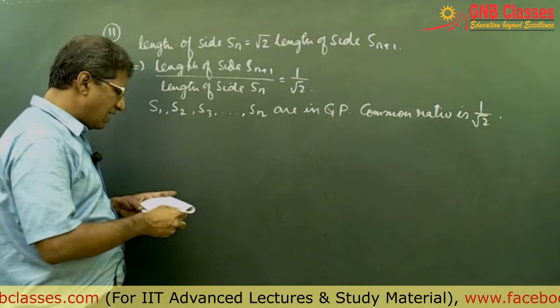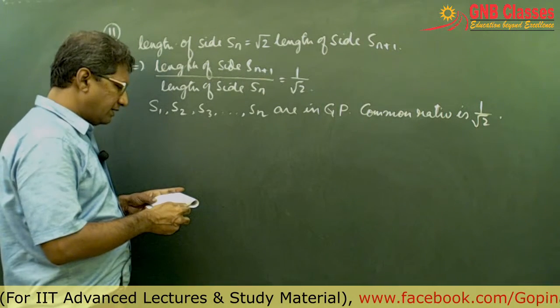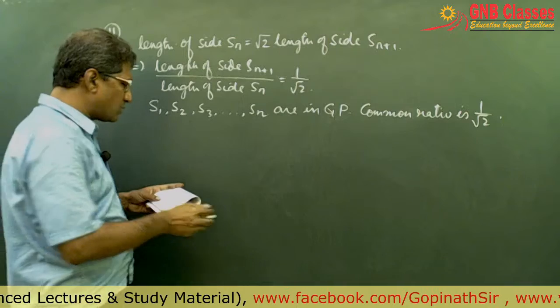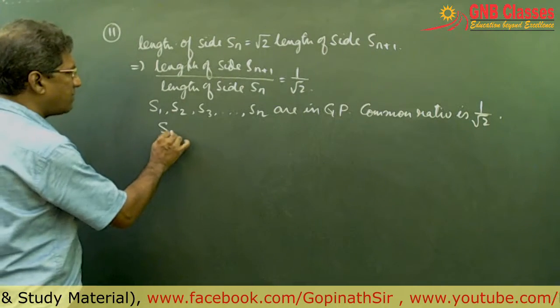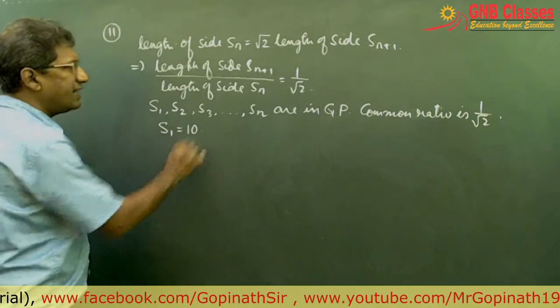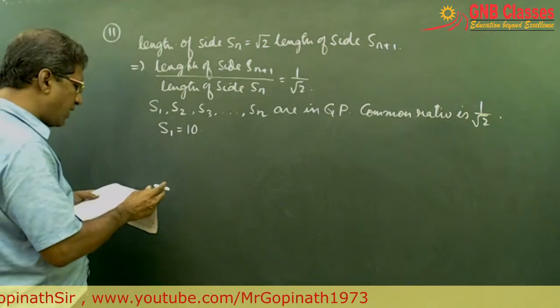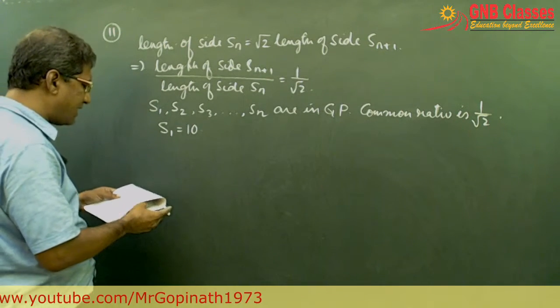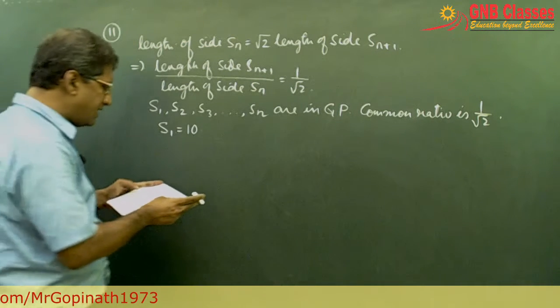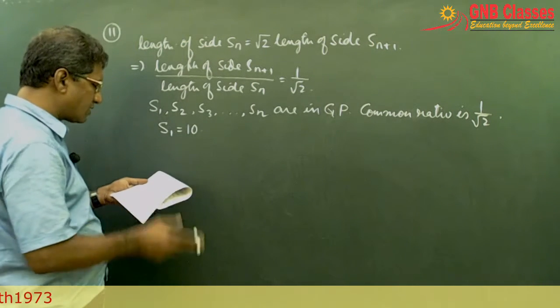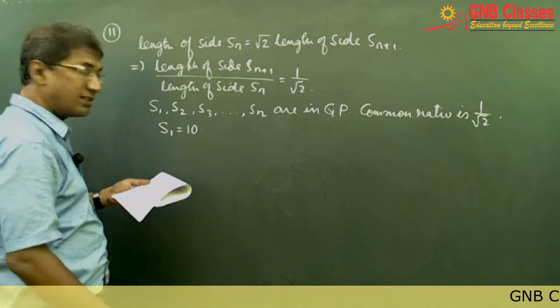Now, they have asked us that if the length of the side S1 is 10 centimeter, they have given S1 as 10 centimeter. Is it clear? Then for which of the following values of n is the area of Sn less than 1 square centimeter?